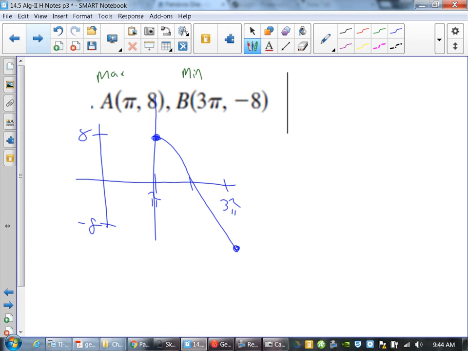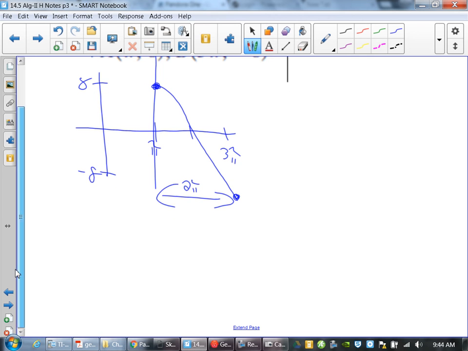The horizontal distance between these two is 2 pi. So our period would equal 4 pi, which means I set that equal to 2 pi over b. So what was b? Half. So our b value can be a half. Okay.